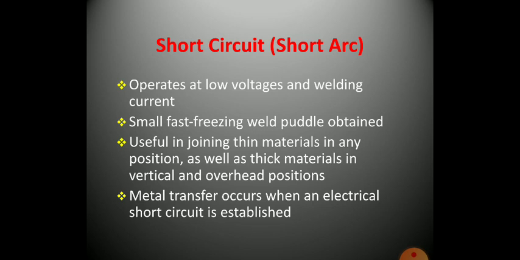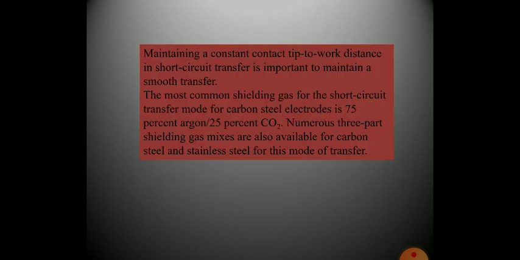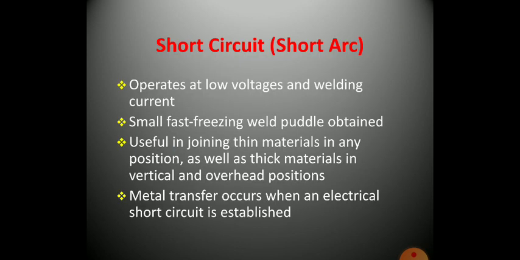The metal transfer occurs when an electrical short circuit is stabilized, and this has to be taken into consideration. So these are the basics of the short circuit arc for GMAW welding.